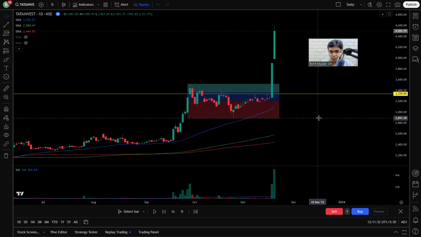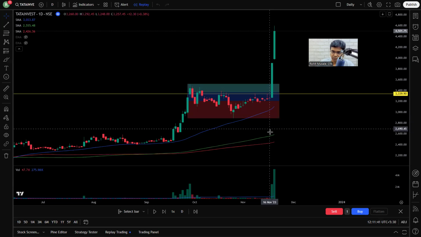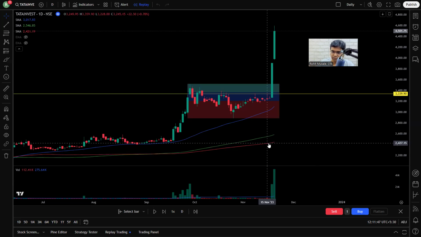The first thing you will notice in all of these five chart examples is the moving averages. The blue line, which is the 50-day moving average, is above the green line, which is the 150-day simple moving average, which is above the red line, which is the 200-day simple moving average. And the price is above all three moving averages.